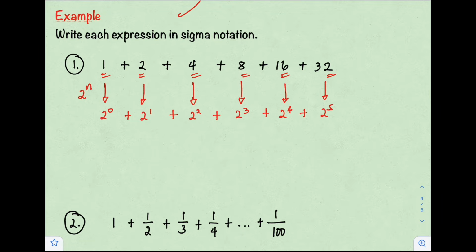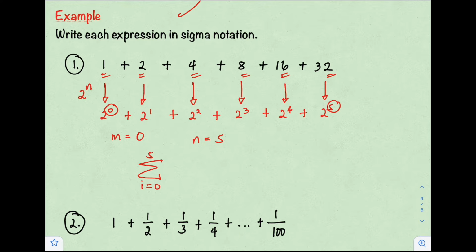Okay? So, here, guys, we can now identify our lower bound and upper bound. Right? So our lower bound here is 0. Then our upper bound is 5. So if we rewrite our sigma notation, the lower bound at the bottom is I equals 0 to 5.